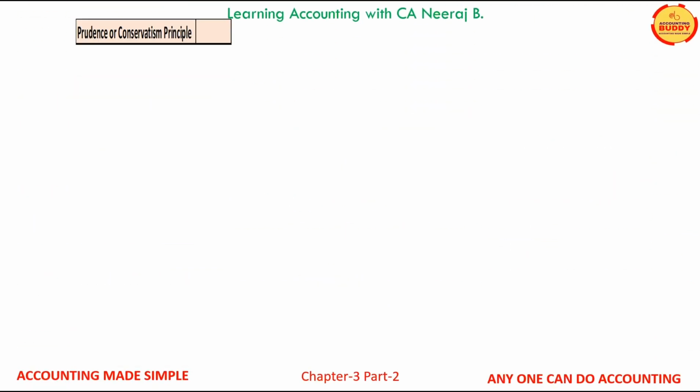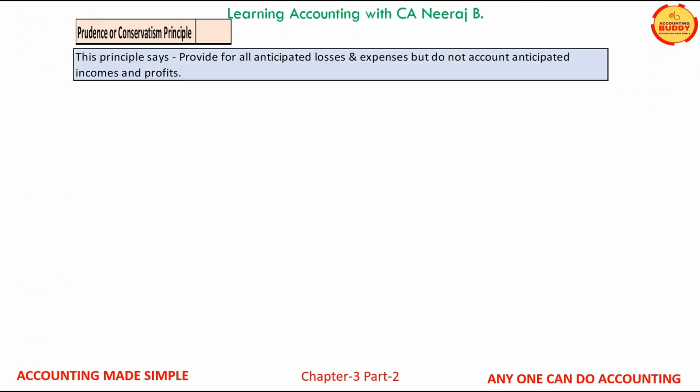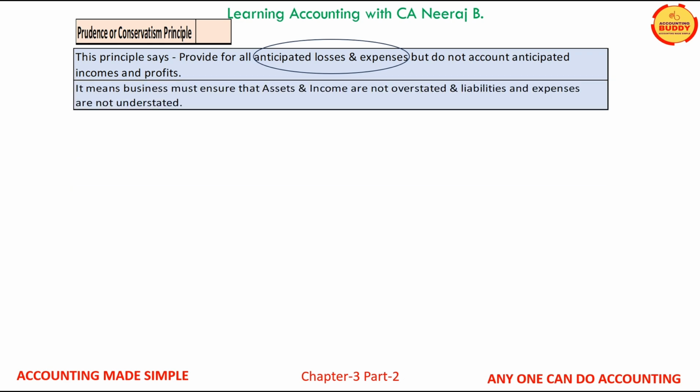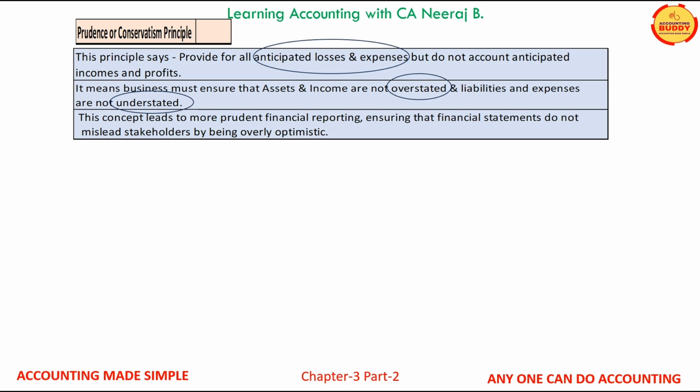The principle of prudence says provide for all anticipated losses and expenses of the business, but do not account for anticipated income and profits. This principle ensures that the assets and income are not overstated and liabilities and expenses are not understated. Under this principle of prudence, the accountants are required to act with care and thus ensure that financial statements do not mislead the stakeholders by being overly optimistic.